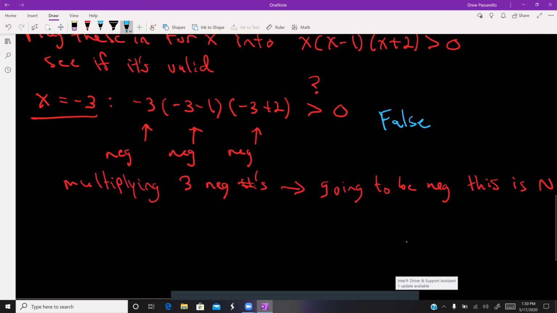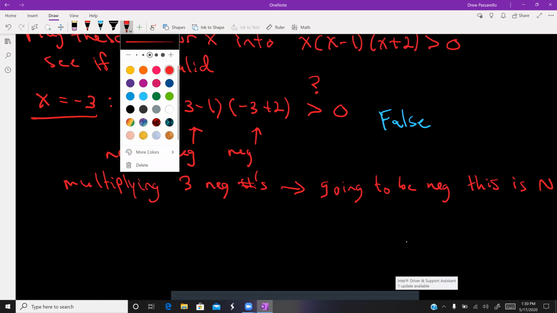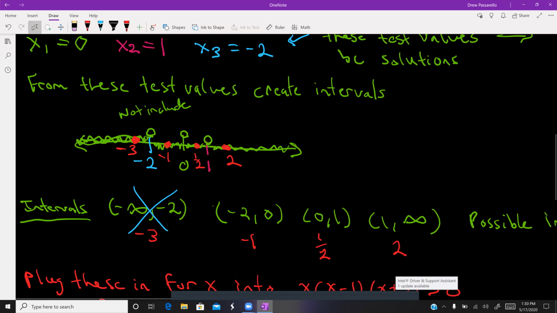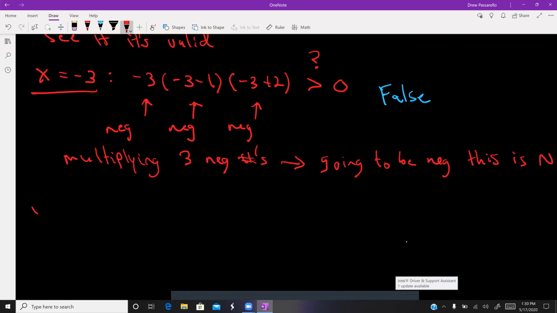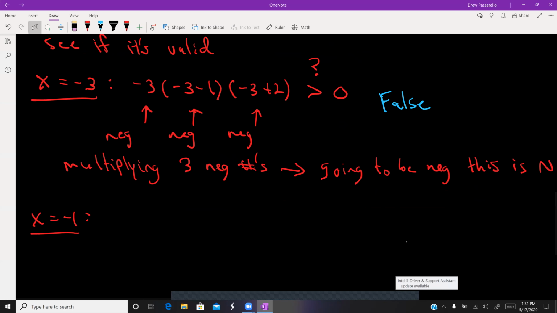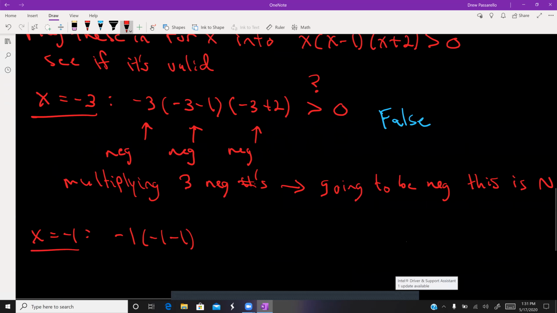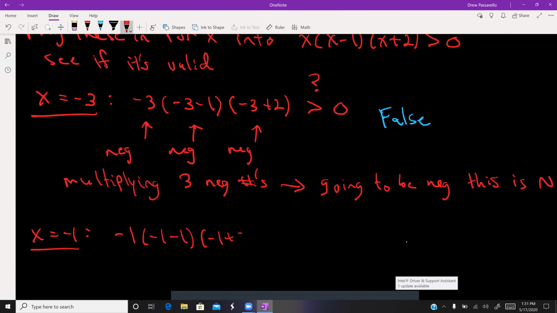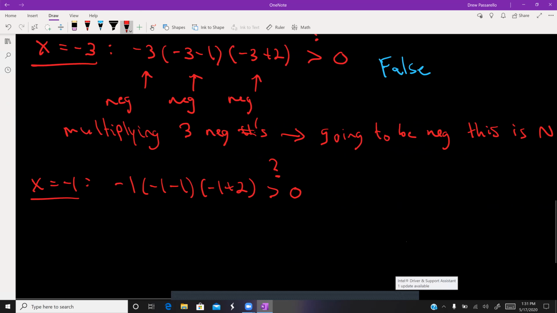All right, now the next value I use is negative 1. And I plug it in for x, so instead of x times x minus 1 times x plus 2, it's going to be negative 1 times negative 1 minus 1 times negative 1 plus 2. And then it's asked, is that greater than 0? All right, so this is a negative. This is negative. Negative times negative is positive.